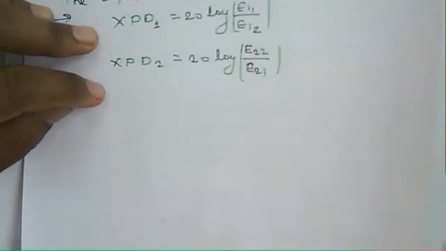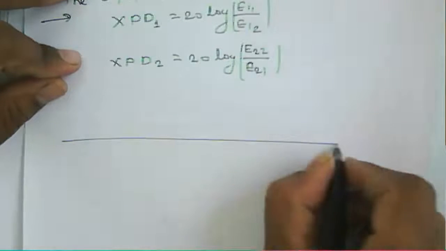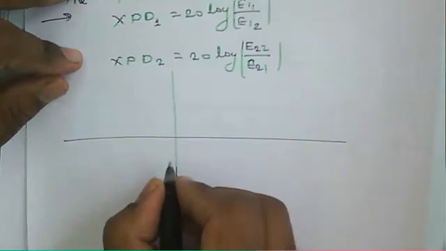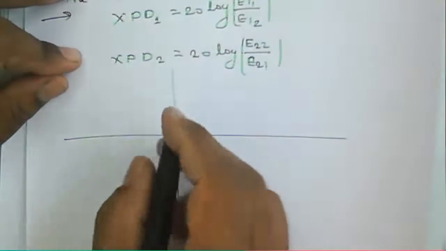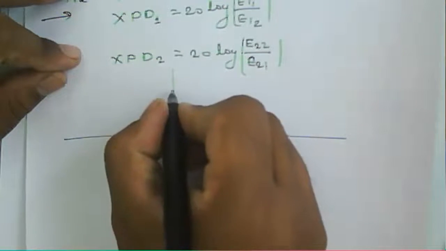So for a given particular field component, suppose I draw here the E1 and the E2.